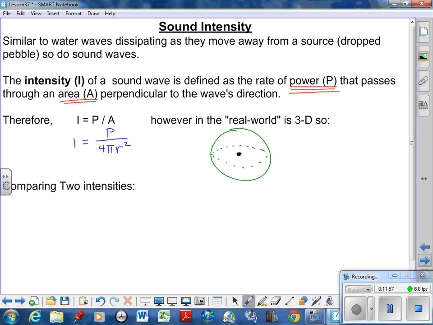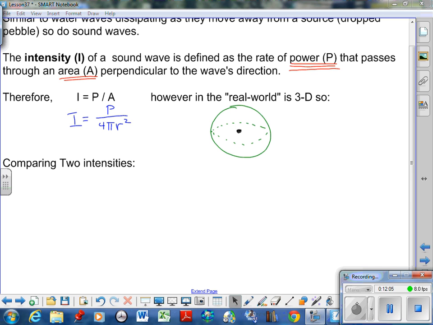All right, so there is our intensity for an object. And if I do a quick unit analysis for you here, power is measured in watts, and area is in meters squared, so intensity is watts per meter squared, so that's what you're feeling when you're talking about that.